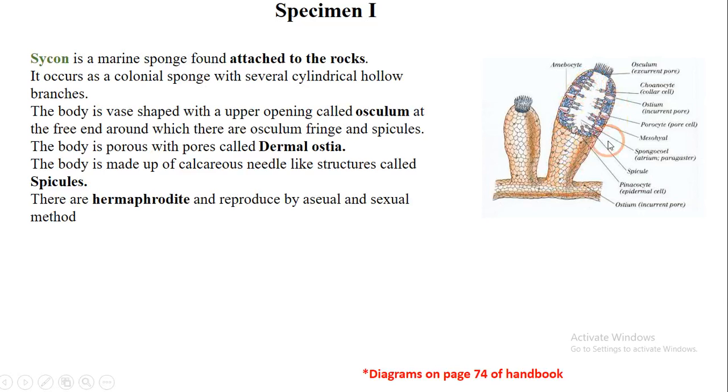Also the body is made up of calcareous needles, and these needles are known as spicules. Now sponges or the Sycons are hermaphrodite. That means they are bisexual in nature, and they reproduce by asexual means or the sexual method. The diagram for this you will find on page number 74 of your handbook.